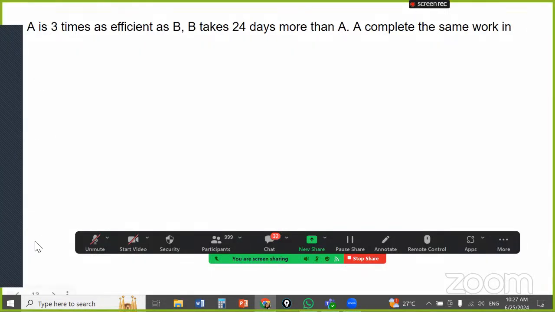A similar one here. A is 3 times as efficient as B. B takes 24 days more than A. Here they have not given the exact one, but B is taking 24 days more than A to complete the work. So A completes the same work in how many days?